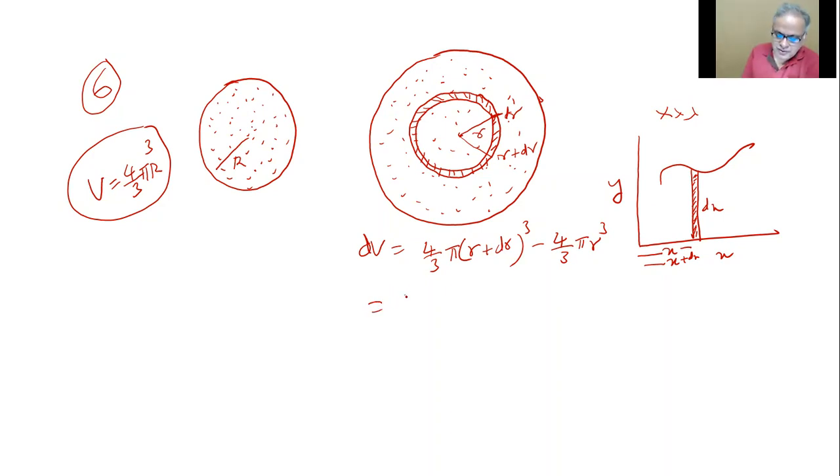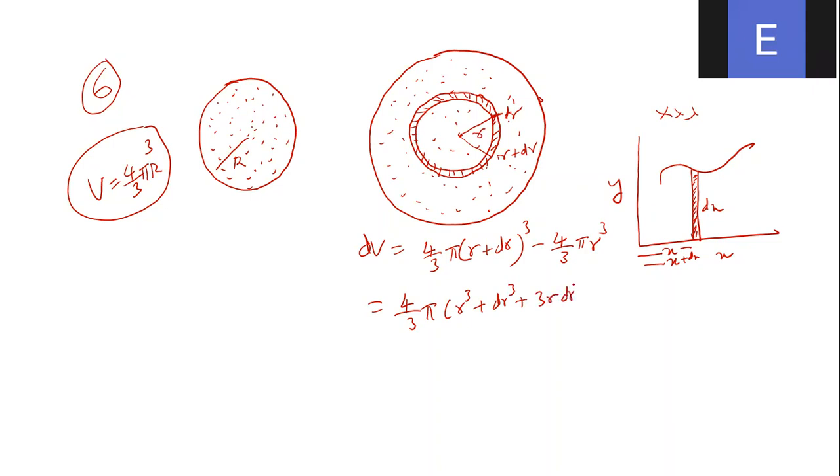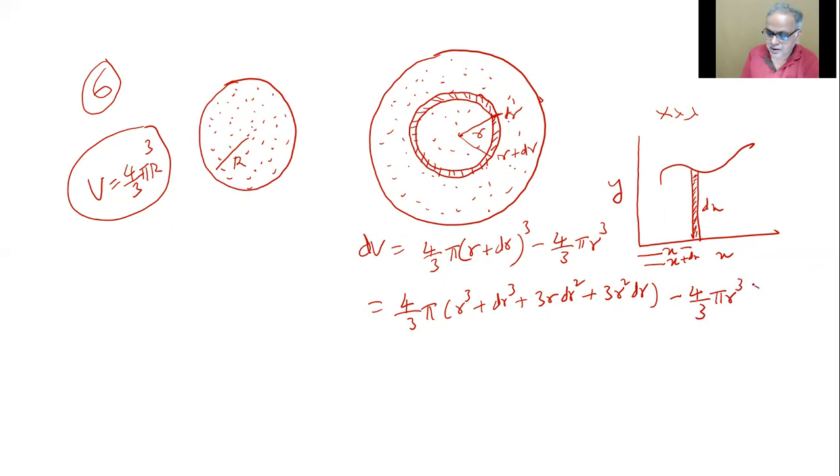So what will I do now? 4 by 3 pi r cubed plus dr cube plus 3 r dr into (r plus dr), and then plus 3r square dr, minus 4 by 3 pi r cube.